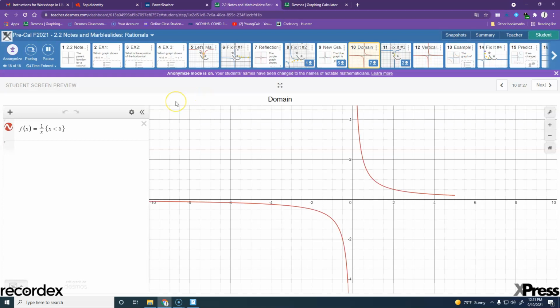Another thing that we can do, this is just to show you something that you can do. You can also on Desmos restrict your domain. So if you put in these squiggly brackets something like x is less than 5, like originally, let me take this away.